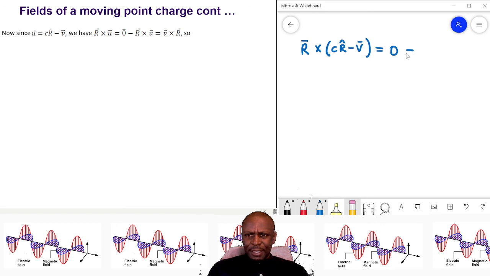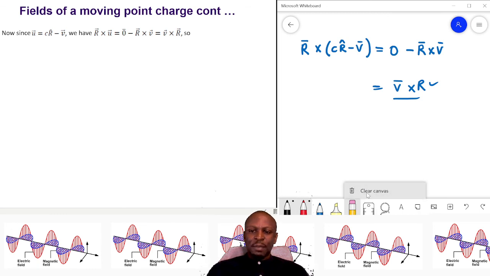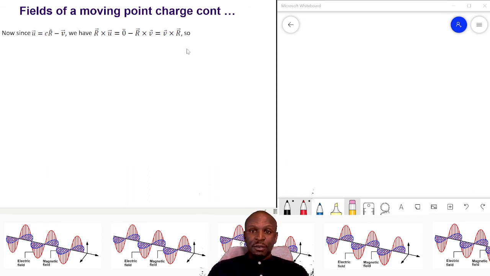That will be minus R cross V. But R cross V is nothing else but minus V cross R. When you interchange this from the product rule, this is what you are going to have for this one here.